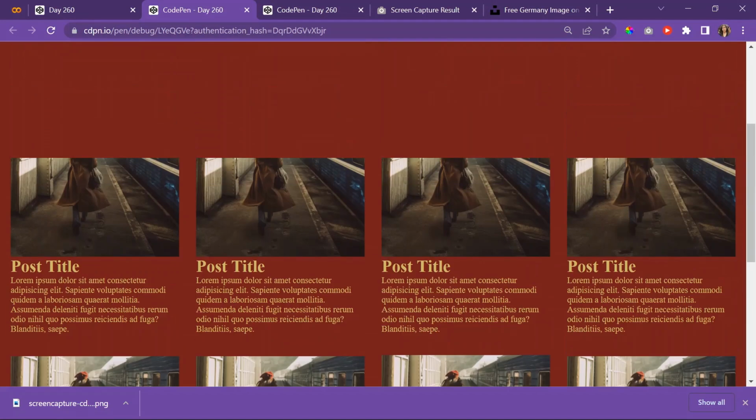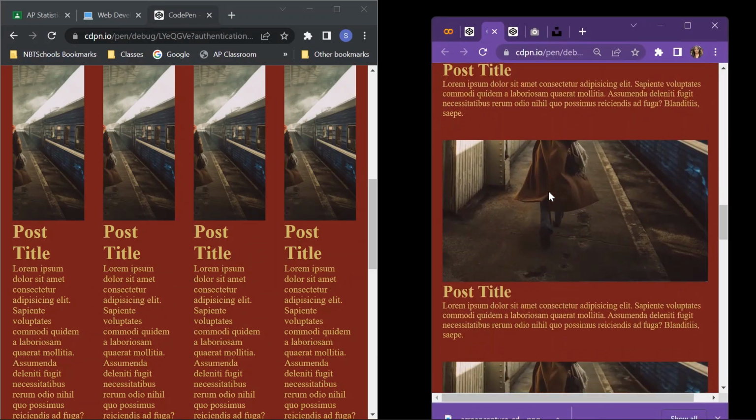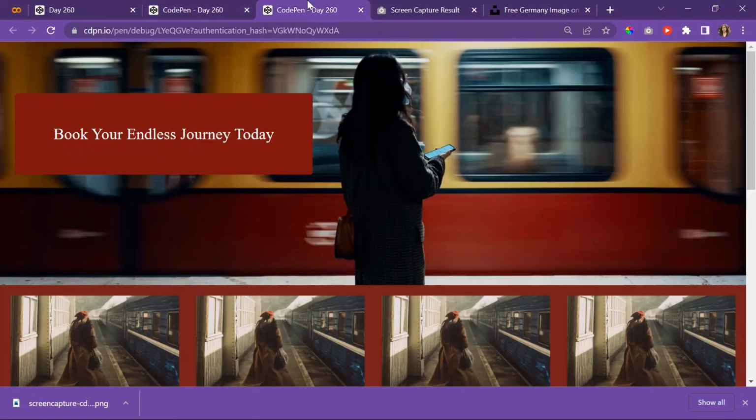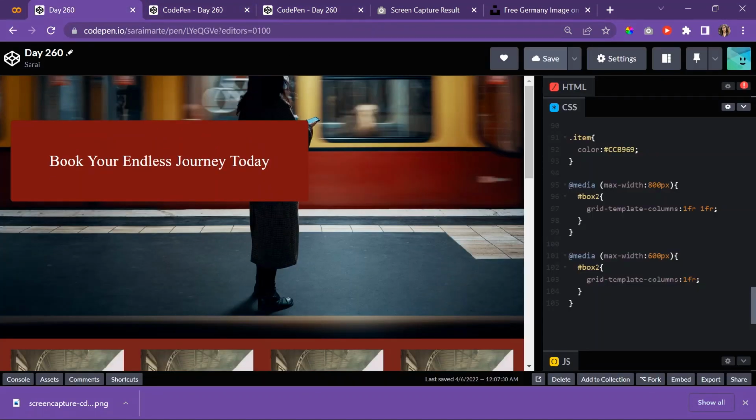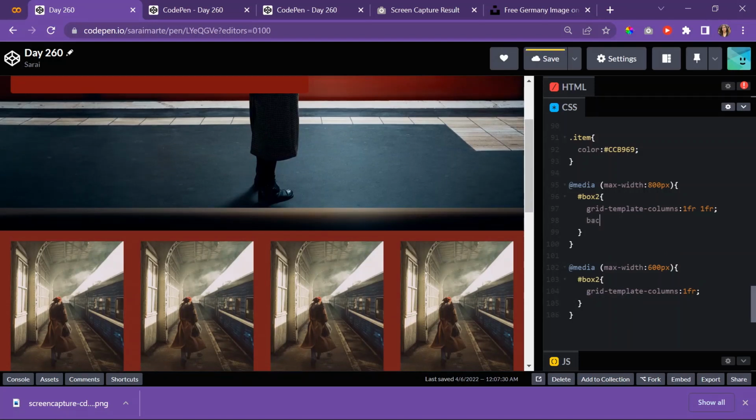But, see if it works. Yeah, it works. Now I just need to fix the things that I do. The background position, I need it to be top. Oh wait, no, but that's for thumbnail.